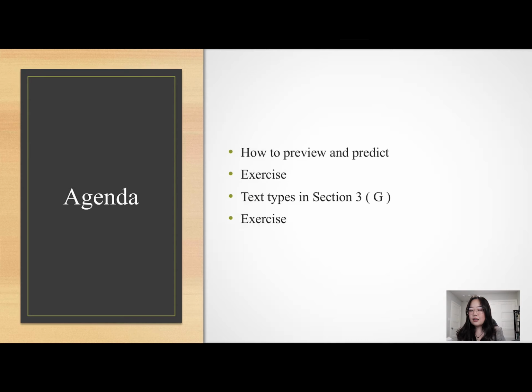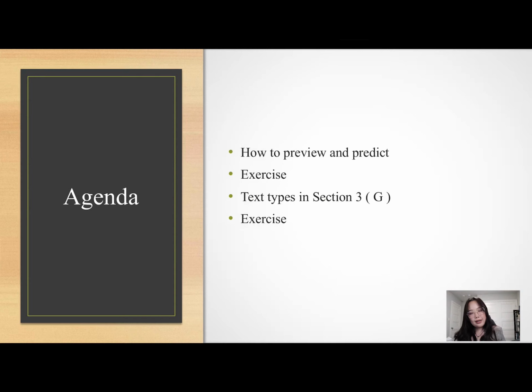And in the second half of the lesson, we will take this previewing and predicting skill to the next level. Incorporate the text types knowledge with these skills so that you can have a better understanding of the passage and answer more questions correctly. And of course, after that, we'll look at some exercise as well.